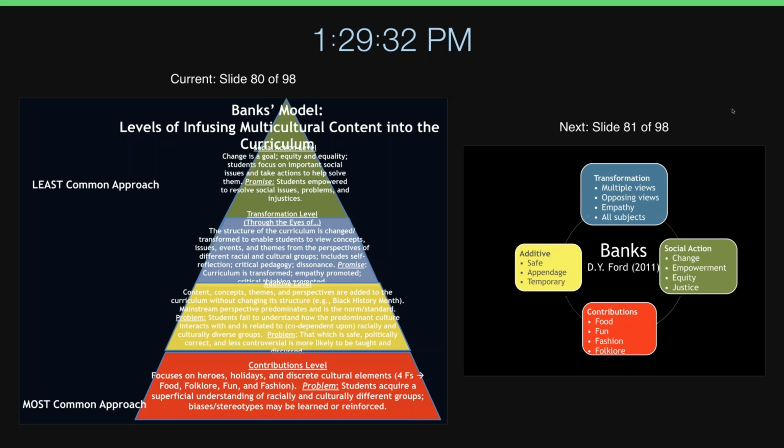Both of those are problematic. So contributions is, unfortunately, the most common approach. That is what teachers know, because too often we have not been given multicultural training, and we graduate without even knowing James Banks's model. Food, fun, fashion, folklore.